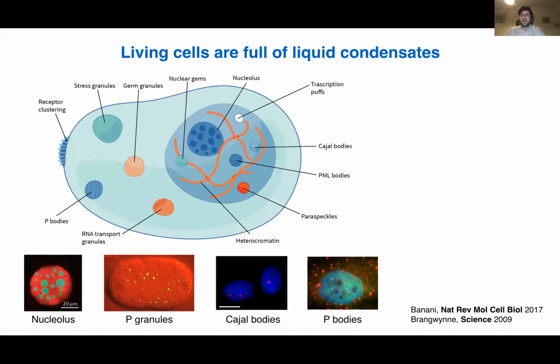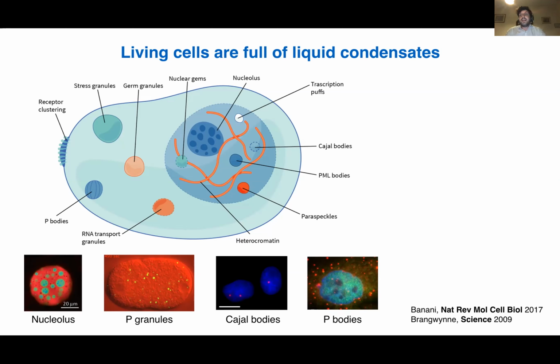So the usual starting point of a talk on liquid phase separation is to show a sketch of a cell that you can find in probably many biological textbooks. In such textbooks, you typically see the cell surrounded by a membrane, which is made of proteins and lipids. And the cell is organized in its interior with a lot of organelles, which are there to organize several activities in space.